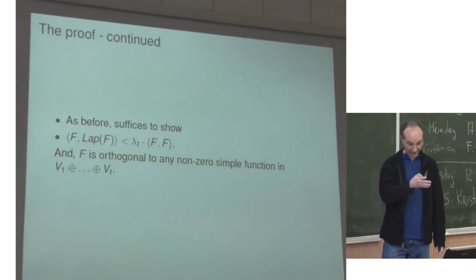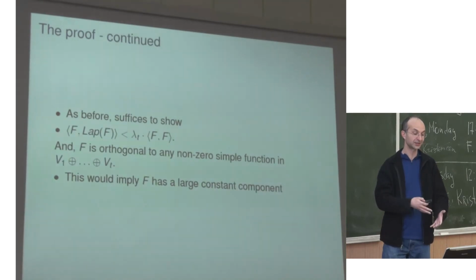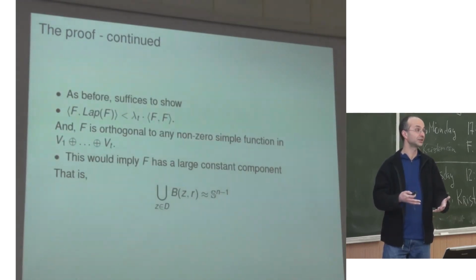And we need to show this, and also that F is orthogonal to all the non-trivial simple functions, the non-constant simple functions. And this would imply that, again, F has a large constant component, a large part of its norm is obtained by the constant function, and therefore, again, by Cauchy-Schwarz, the union of the spherical caps has to cover all these problems.